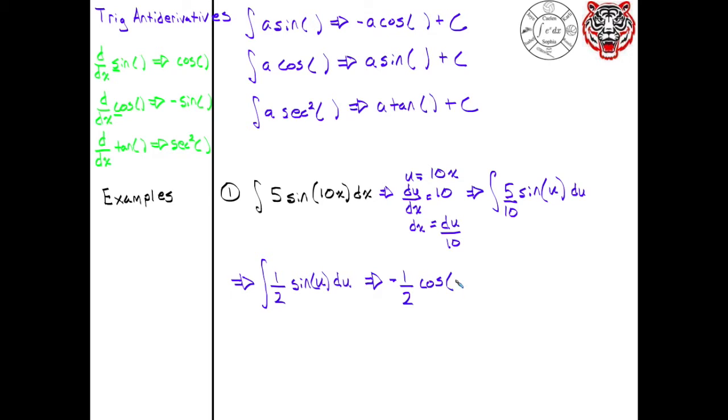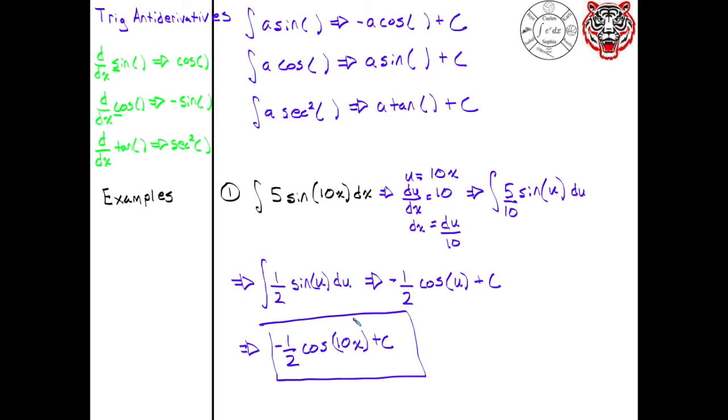Cosine of the inner, and no more du. The du goes away when I take the integral of it. Now I need to add my c. Perfect. Almost done. I need to get rid of the u. So the final answer after plugging in my u is negative 1/2 cosine of 10x plus c. There it is.